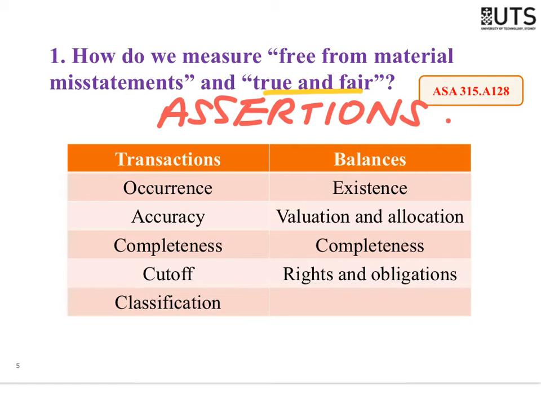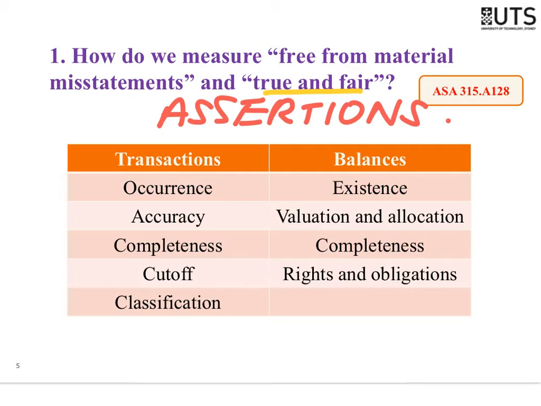Accuracy and valuation and allocation are both related to the dollar amount and the quantity. Completeness and completeness, one question: is it missing? Is the account or the transaction complete? Has anything been omitted, whether intentionally or unintentionally? That's the completeness assertion.